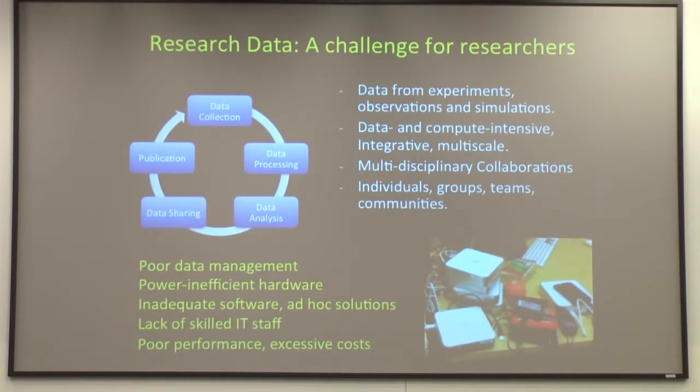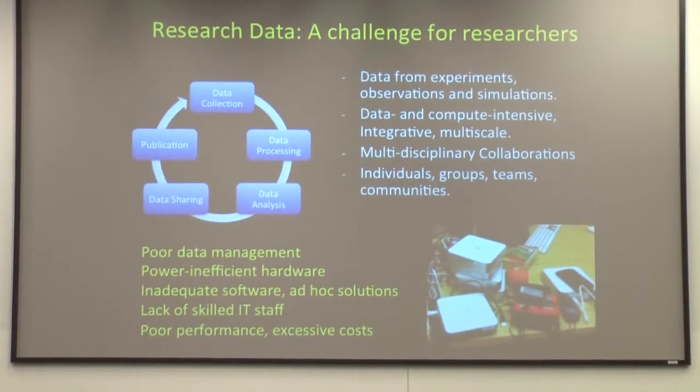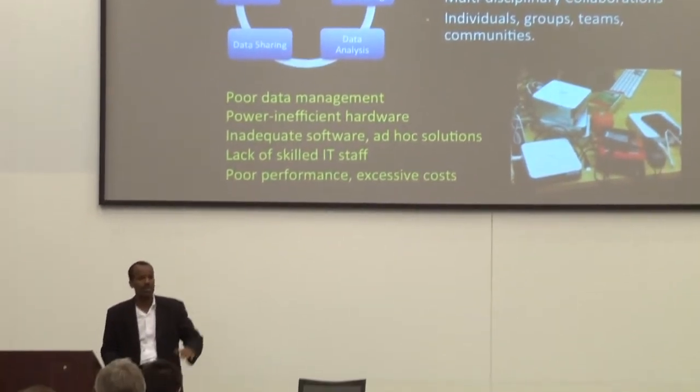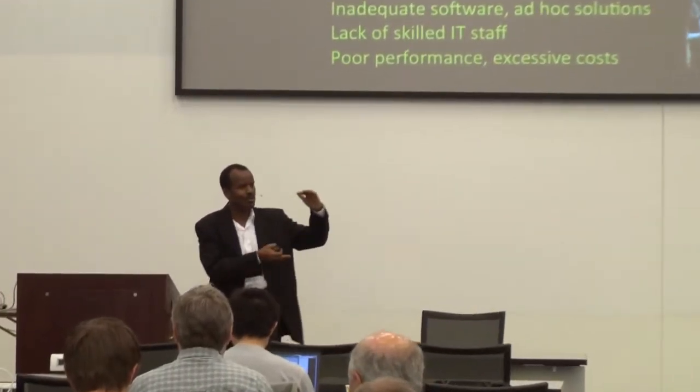When you look at a typical data lifecycle, I think we've all seen this, you follow it from a lab, from an experiment, all the way to processing the data, how it's analyzed and shared. What are we observing? As I was walking around campus, your typical researcher will have a bunch of hard drives where they store their data. You will also have a set of servers around the corner where they do their computation.